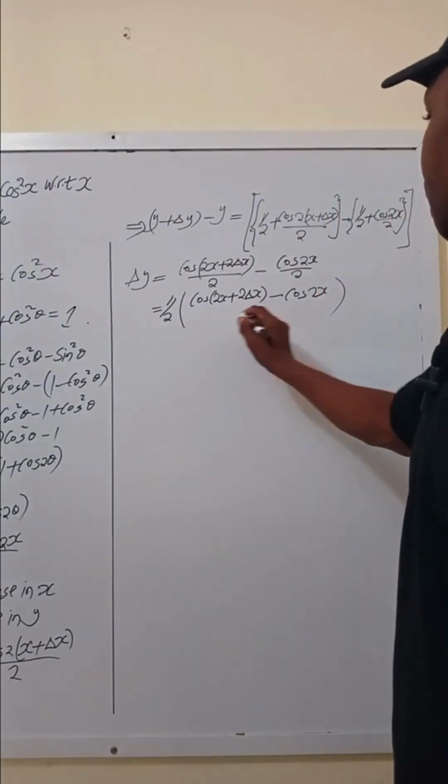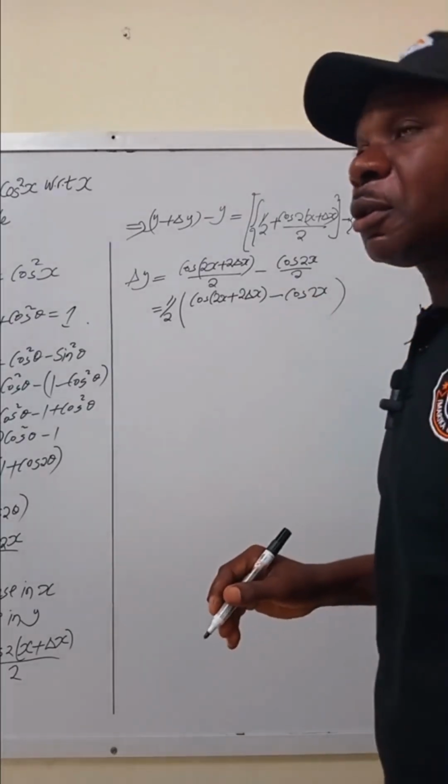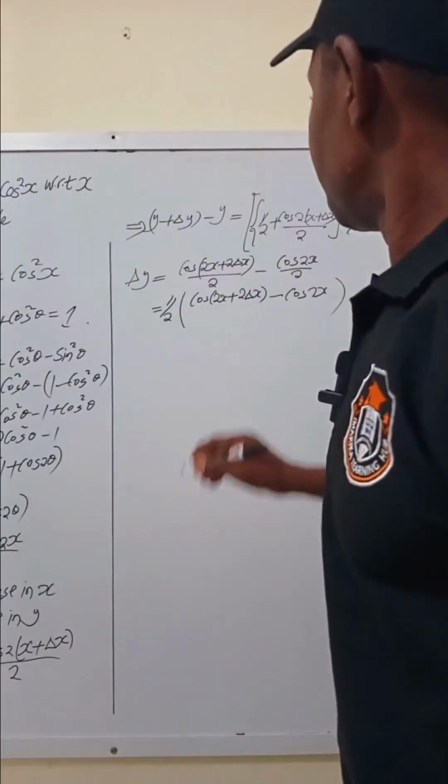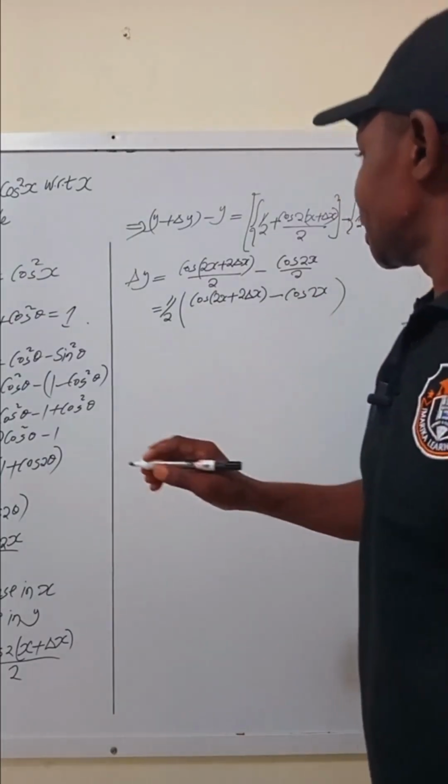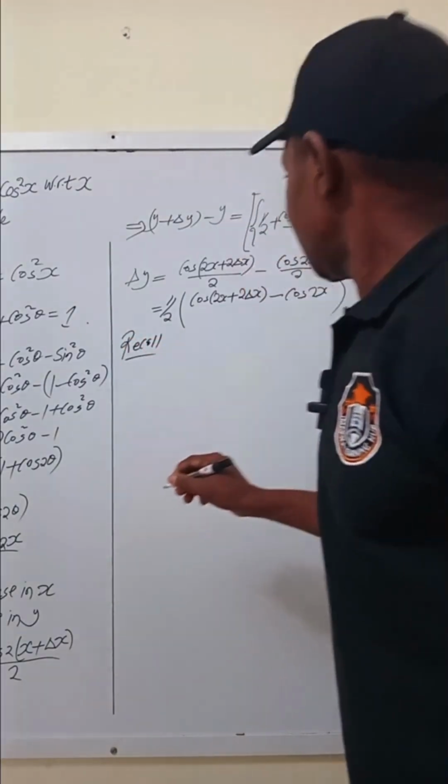The subtraction of two cosines. Here we have to recall another concept in trig, which will help us to simplify this. And which one is that? It is this one.